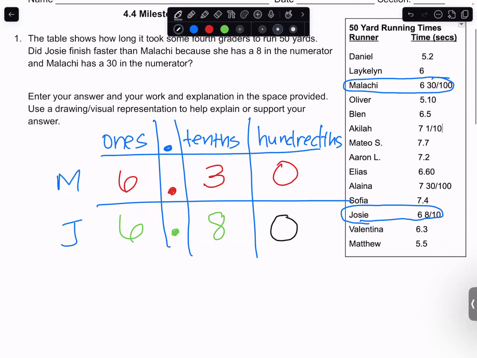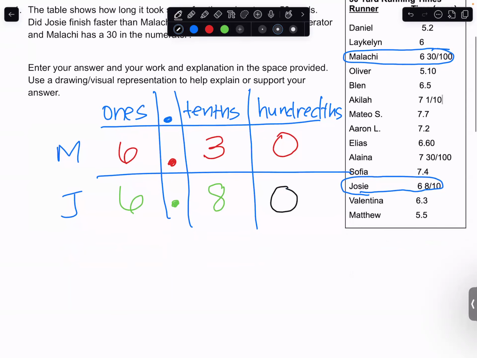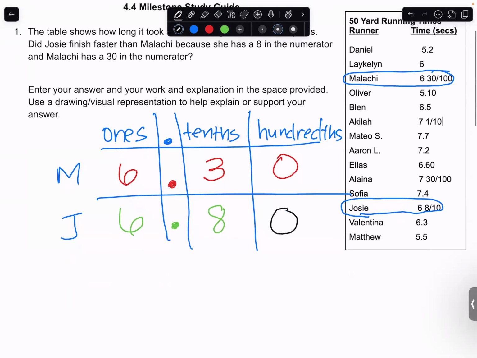Looking at our place value chart, did Josie finish faster than Malachi? Remember, when it comes to decimals in relation to time, if you're trying to see who finished faster, that means they should have the least time.